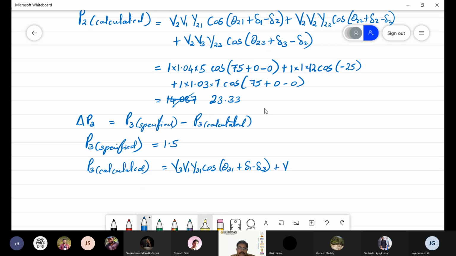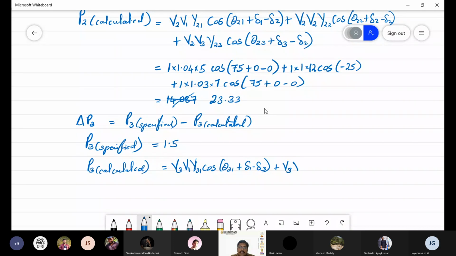Please check. The formula is Vi, Vj, Yij, right? So here i is equal to 3, but j starts from 1, correct? I hope I have written correctly, yes. Vi, Vj, Yij cos theta ij plus del j minus del i.